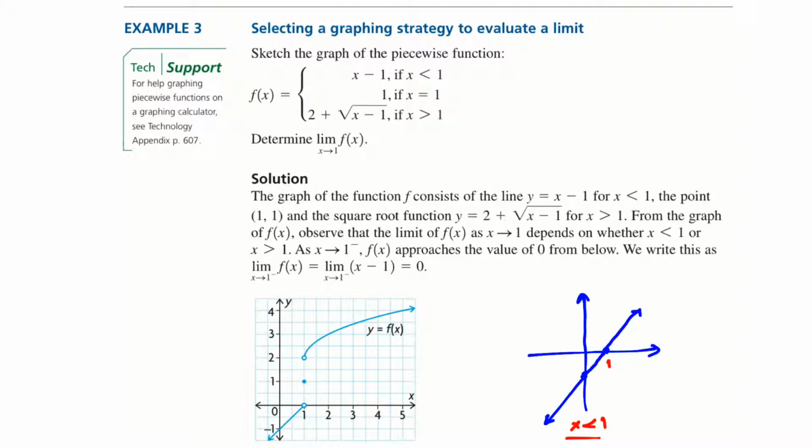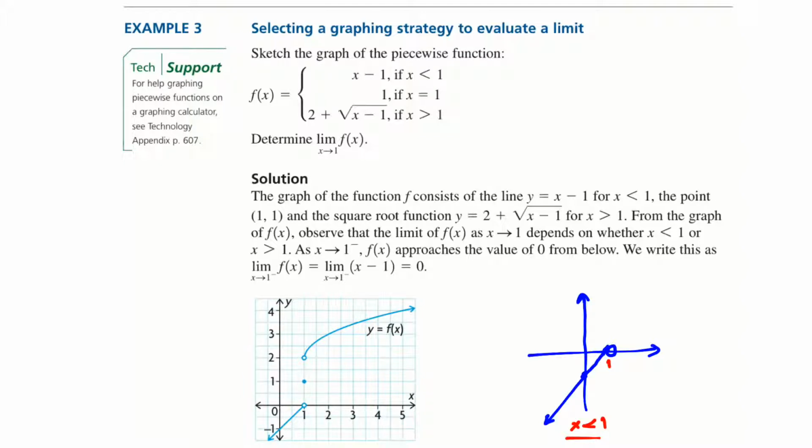That means we don't have this part when x is more than 1, and we also don't have x equals 1. This is shown by a hollow point. When x is 1, y is 1, it's a point on the graph. And for x greater than 1, we have 2 plus the square root of x minus 1.